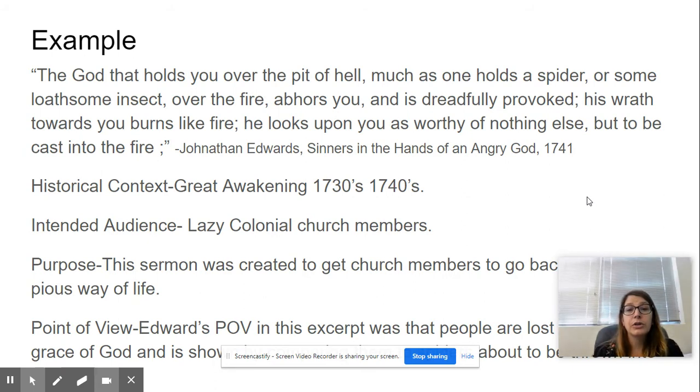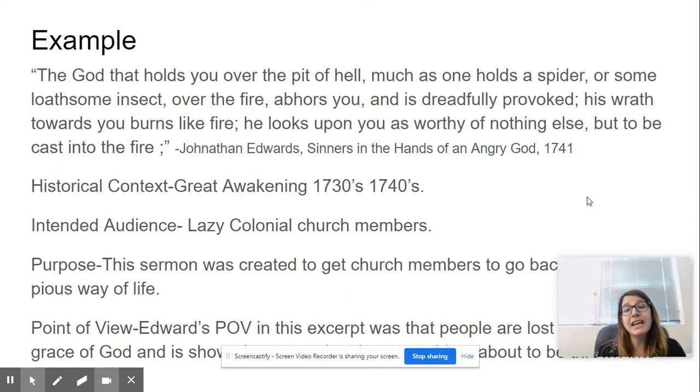And Jonathan Edwards is talking to these people who have gotten out of that fervent religious attitude they had at the beginning of the colonies. Because by the 1730s, 1740s, those colonies have been there 100 years or so. So this is what they call the First Great Awakening, a period of religious revival. So that's the context of Jonathan Edwards' document.